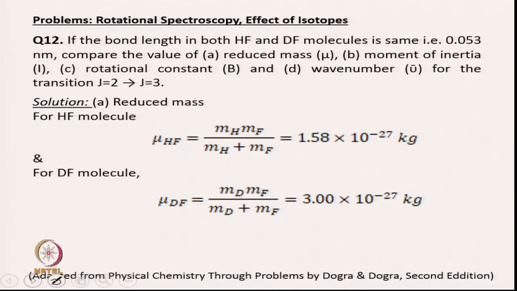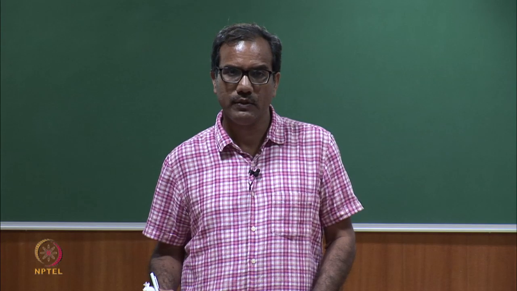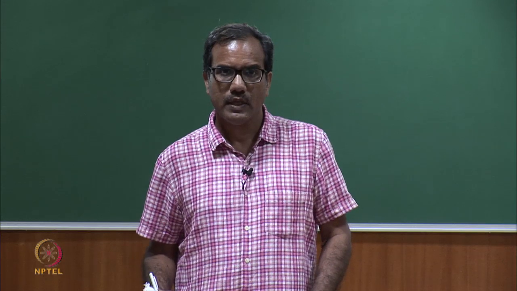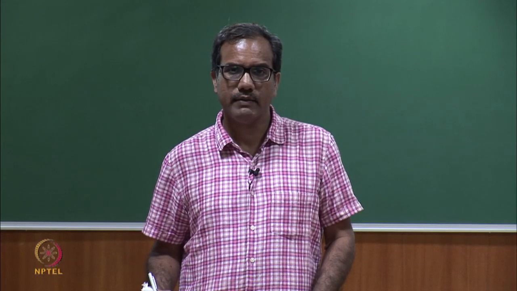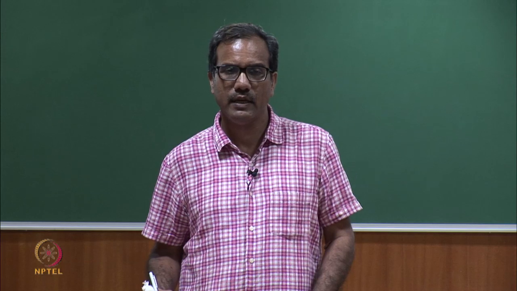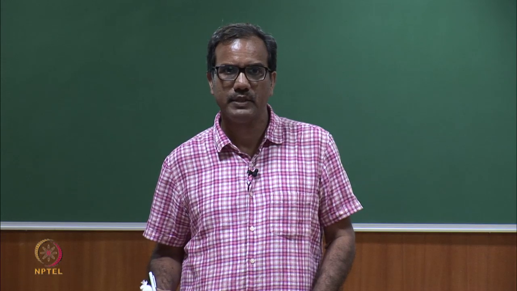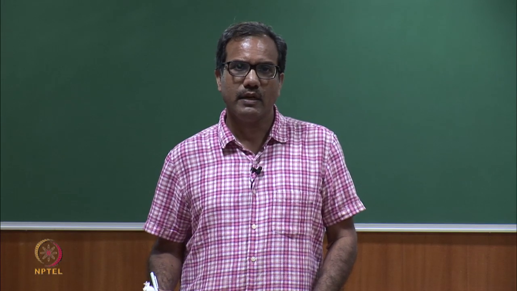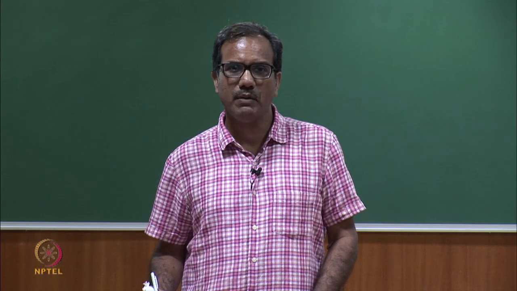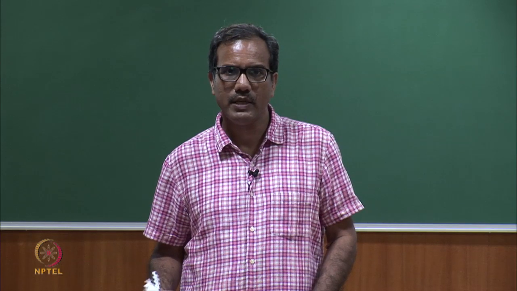Now, the next question is to look at the effect of isotopes. The question reads: if the bond length in both HF and DF molecules is the same, and it is given as 0.053 nanometer, we have to compare the value of reduced mass.